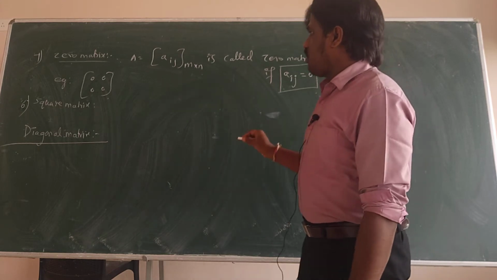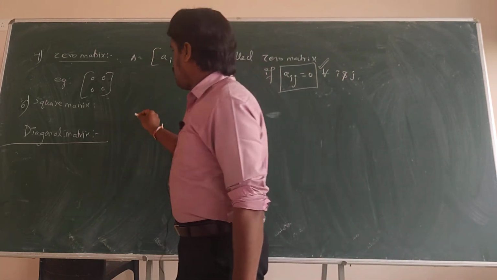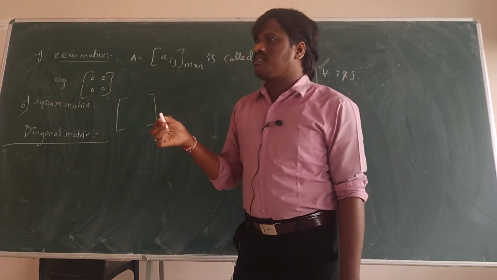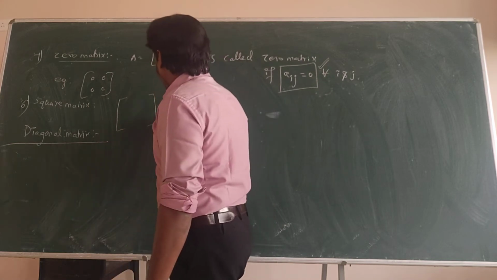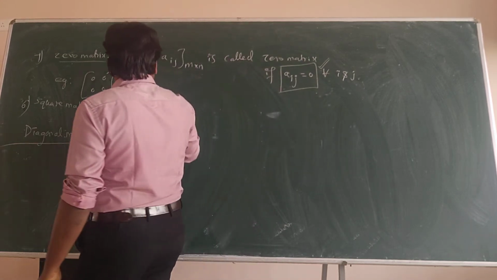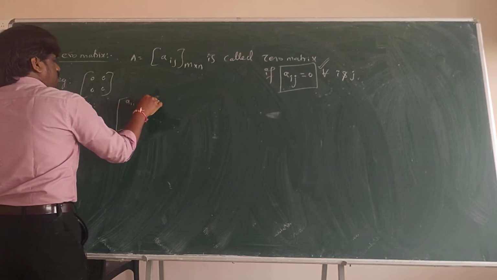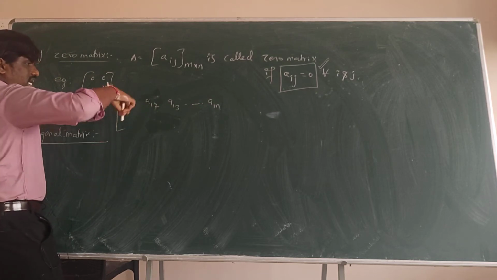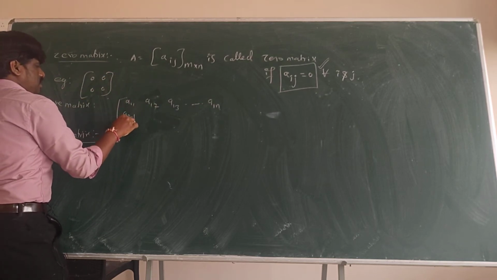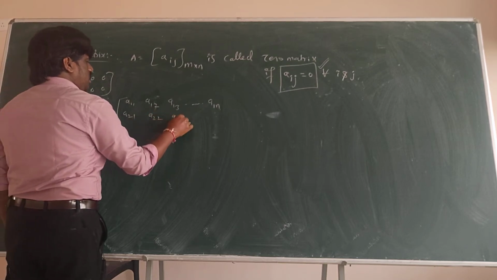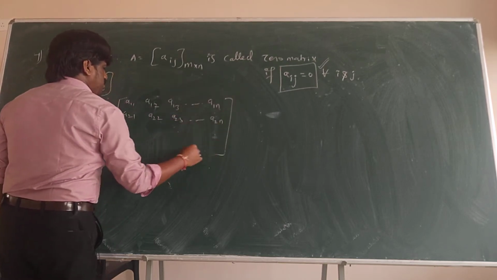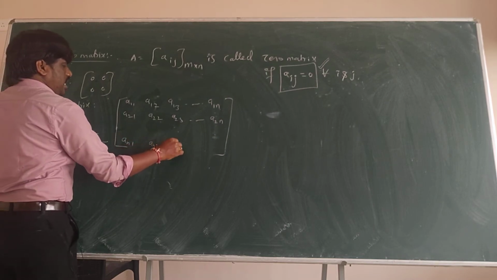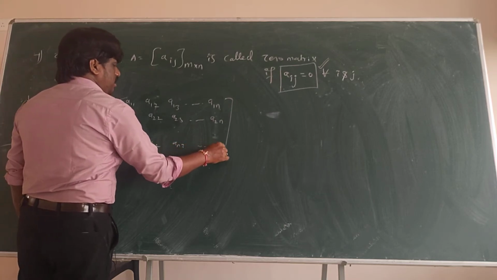Next one is the square matrix. A square matrix means a matrix whose number of rows and columns are equal. If I say an n by n matrix, like a11, a12, a13, and so on up to a1n, there are n columns, as well as a21, a22, a23, up to a2n, and rows an1, an2, an3, up to ann.